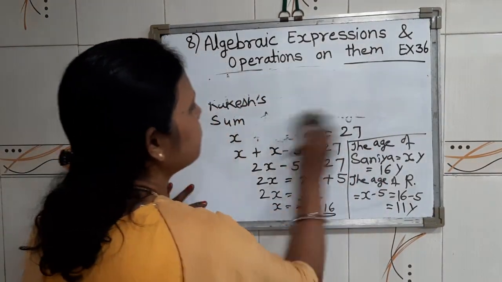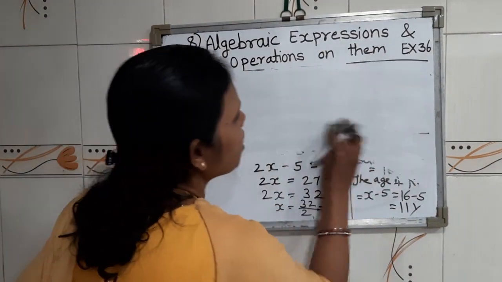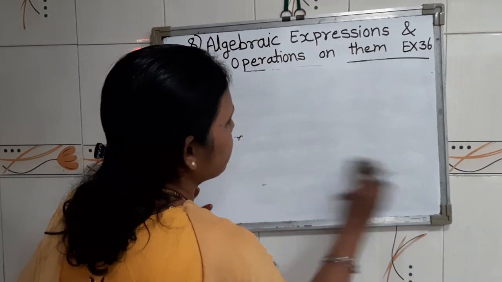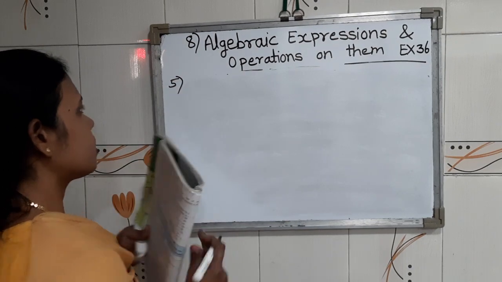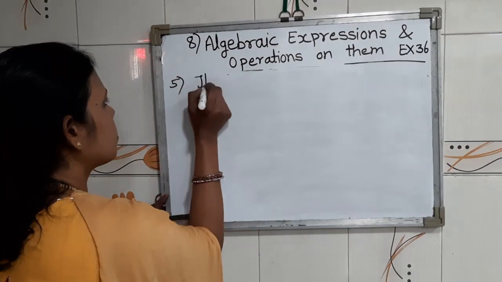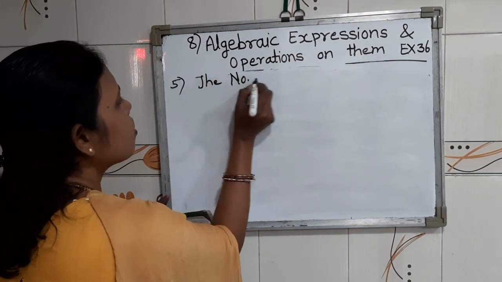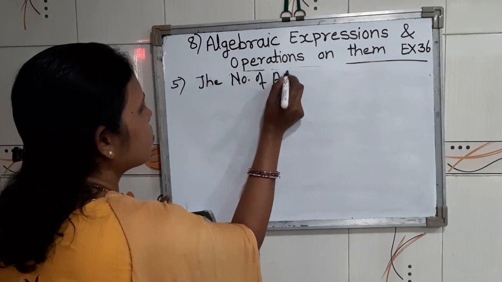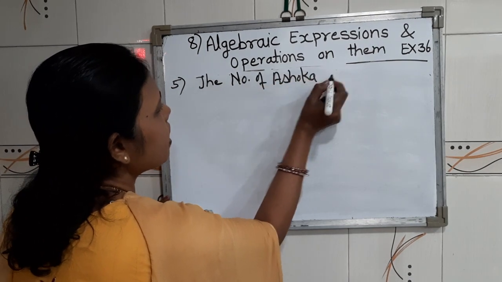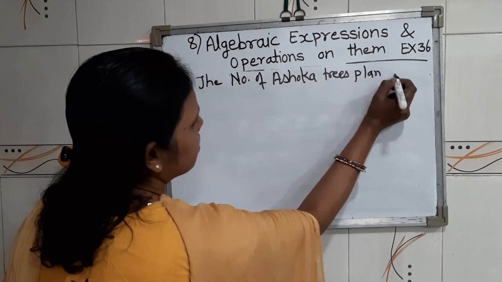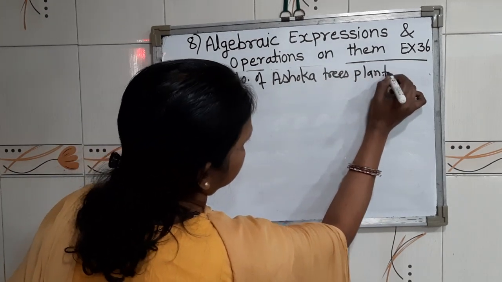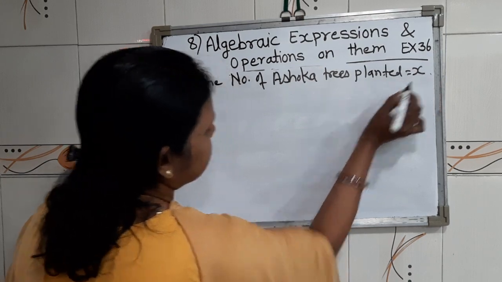We will assume the number of Asoka trees planted equal to x.